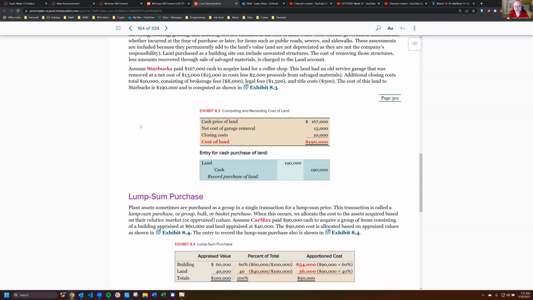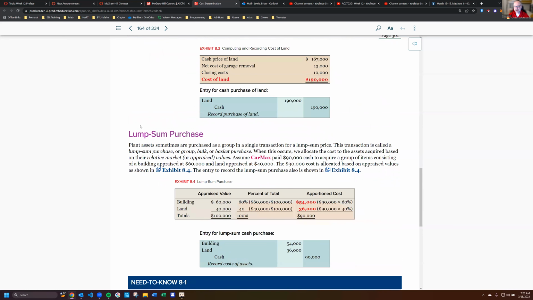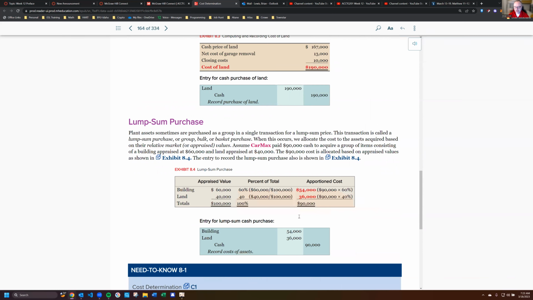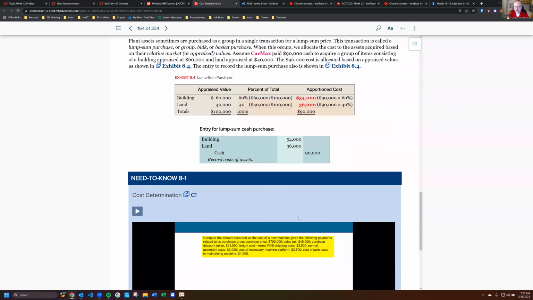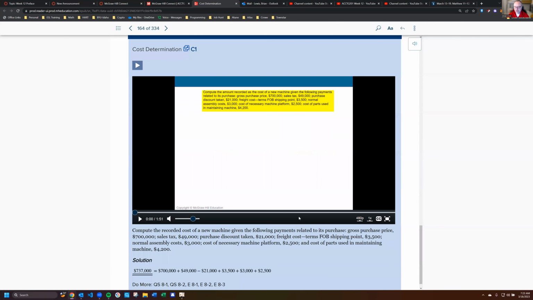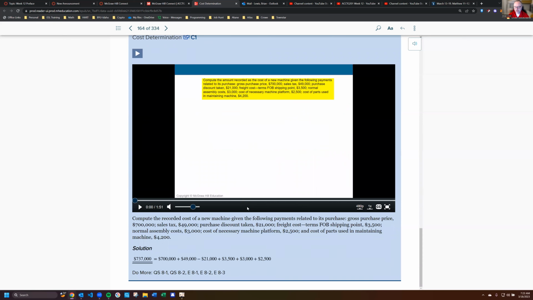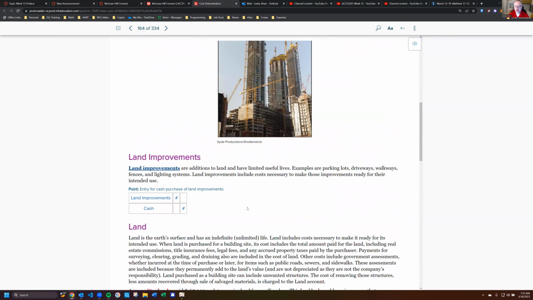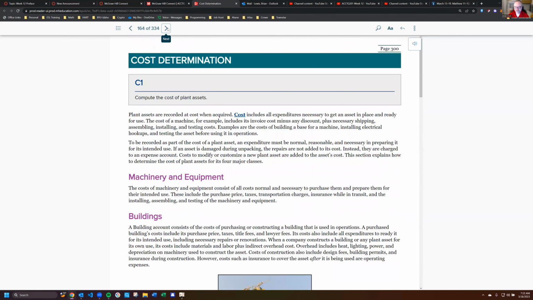And then, let's see. I'm not sure why they go over lump sum purchase, but usually if they're built as a grouping, then how do you allocate the cost between everything, right? So make sure you go through this video. It'll walk you through the cost determination component.